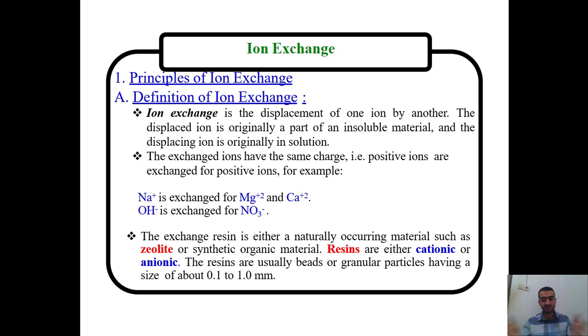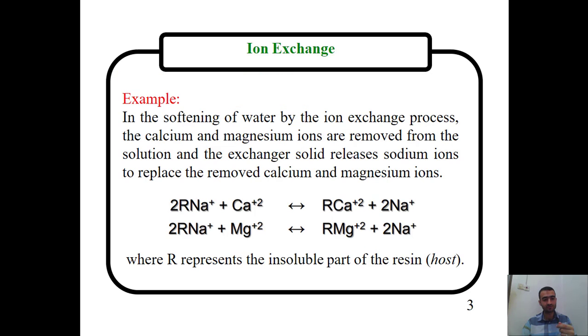Cationic resins exchange cations, and anionic resins exchange anions. The resins are usually beads or granule particles with a size of about 0.1 to 1 millimeter. So they are small particles, but highly charged, containing charged molecules that can replace the molecules existing in the solution.